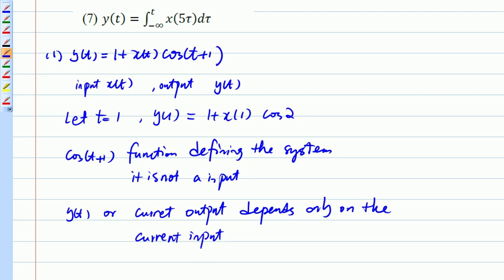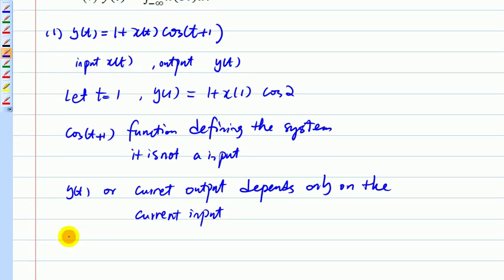As a matter of fact, sometimes we call this a memoryless system. It doesn't remember any past input, it only depends on the current input. That's why it is a causal system.